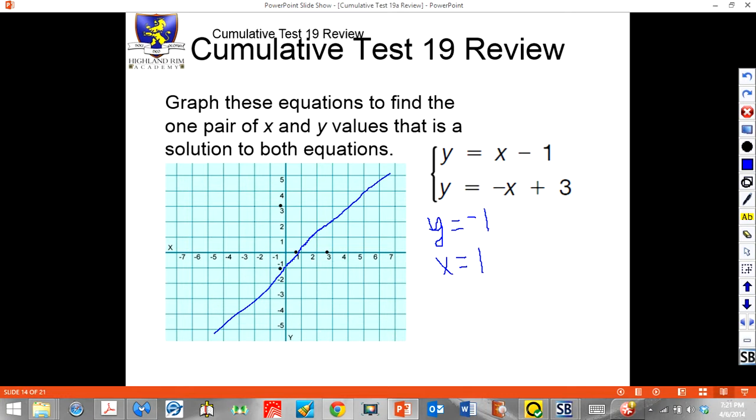Then we take our second equation, y equals -x plus 3. When x is equal to 0, y is equal to 3. And when y is equal to 0, x is equal to 3. And so we take this line. Let's make this a different color.